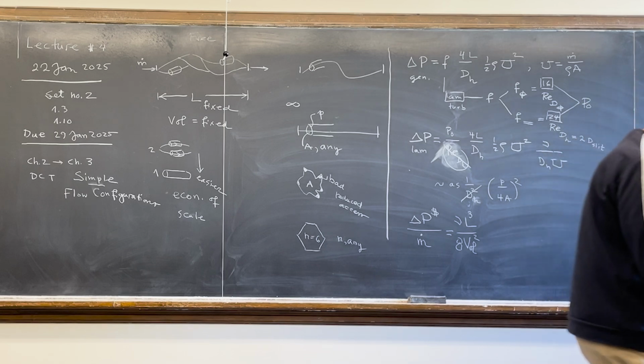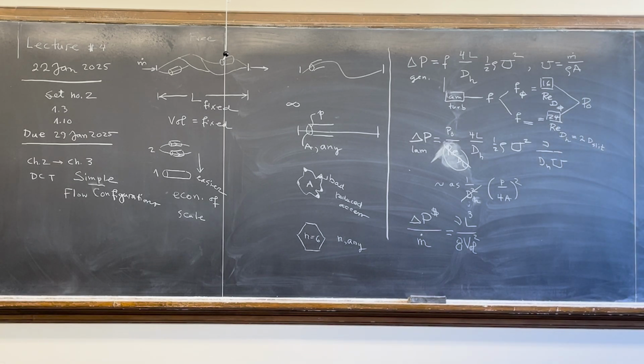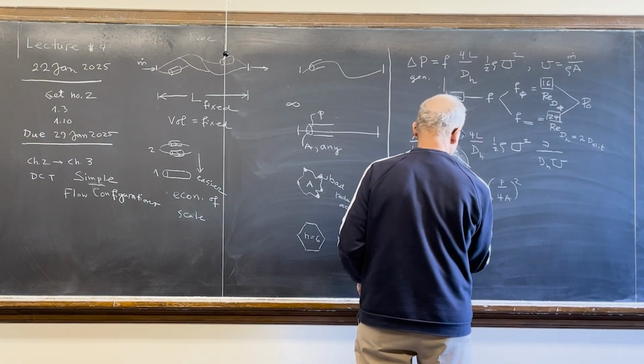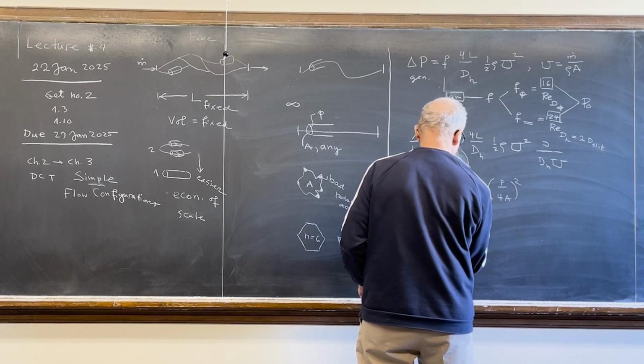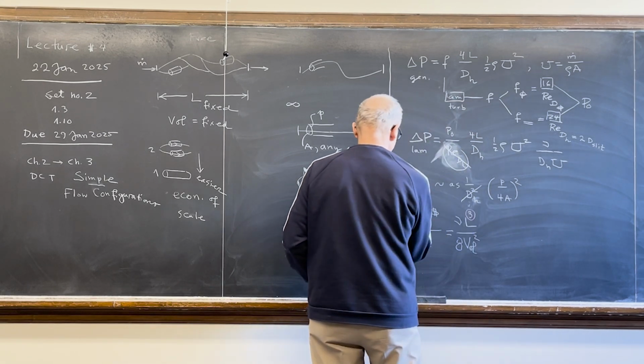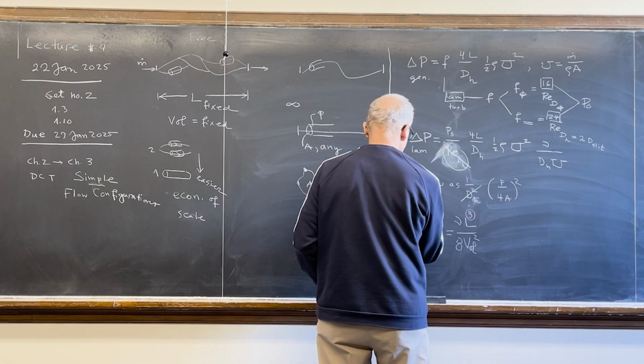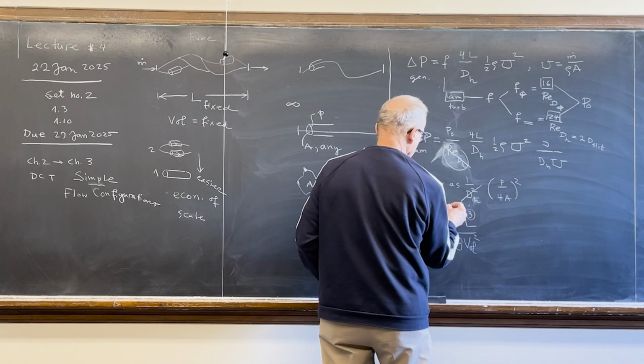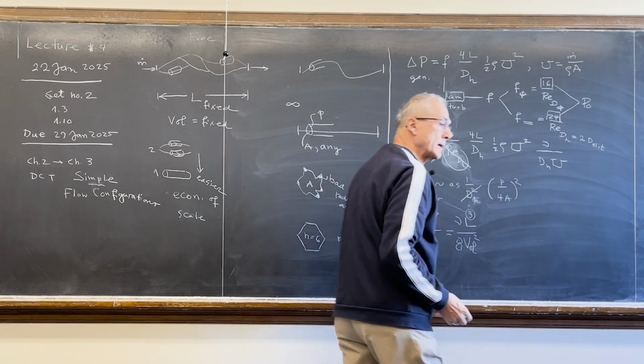And that gives me a chance to correct the textbook. In the textbook, the exponent 3 was missing. So this is a DCT error. Correct as 3, not 1.